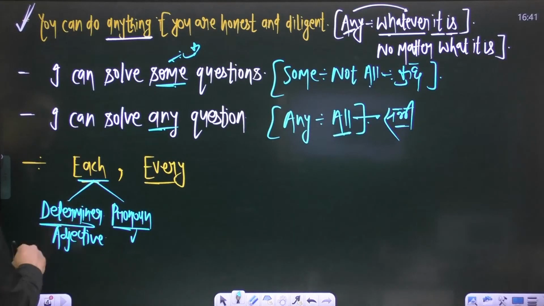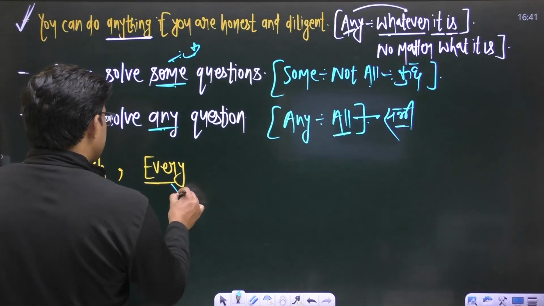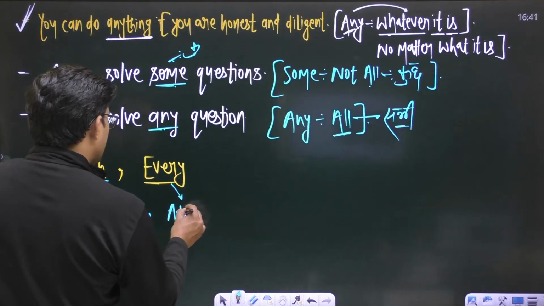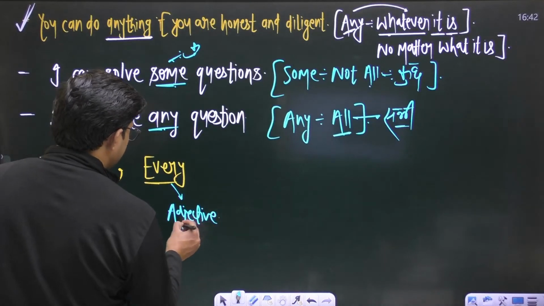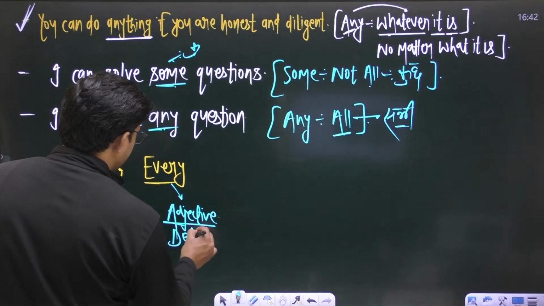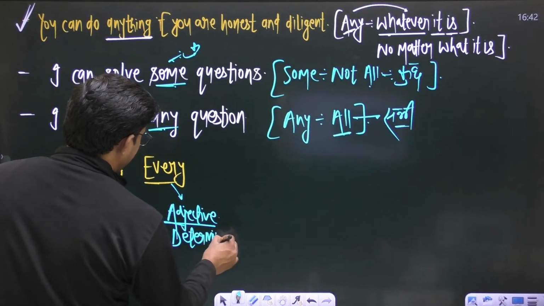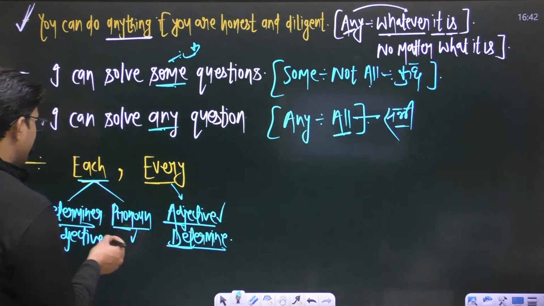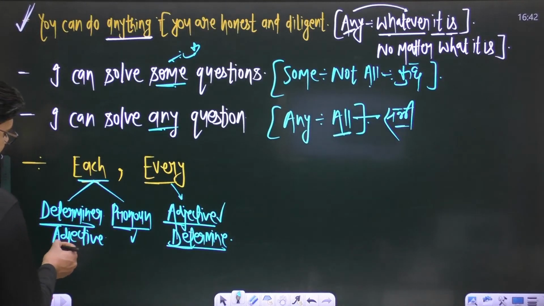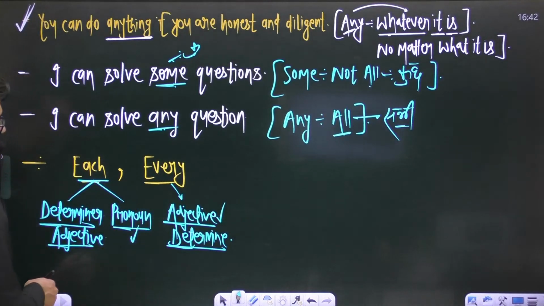But if you talk about every, it has only one part of speech. You can say it is adjective or determiner, whatever you call it. This word every is only adjective, but each is determiner, adjective, and pronoun as well, right?